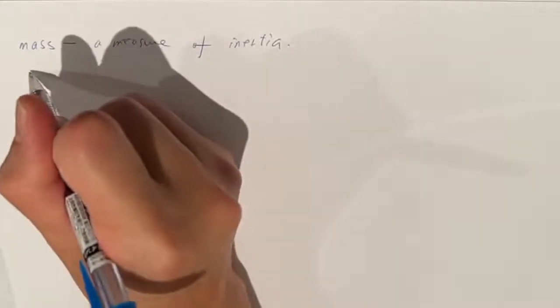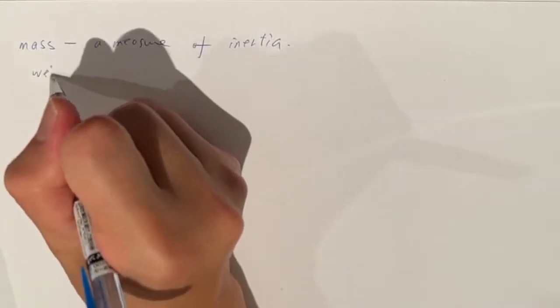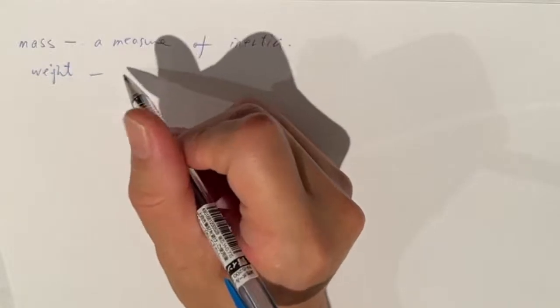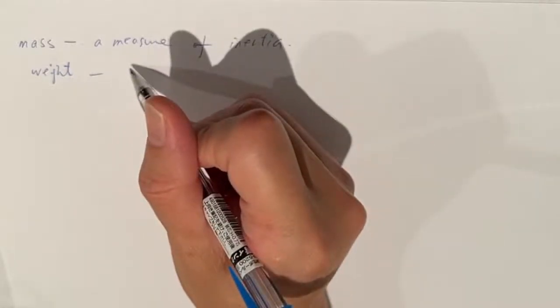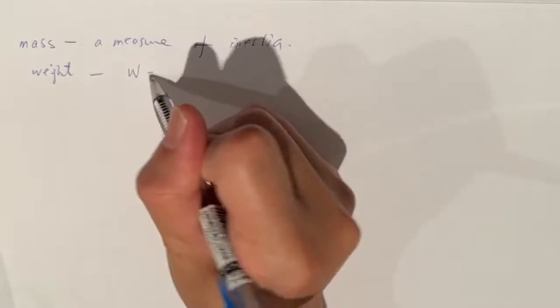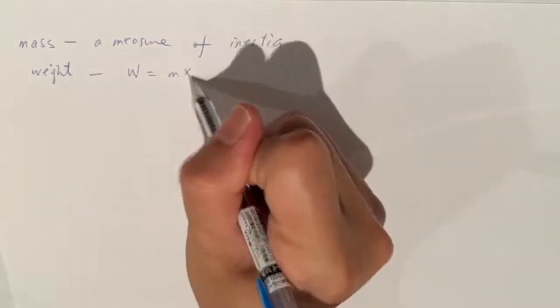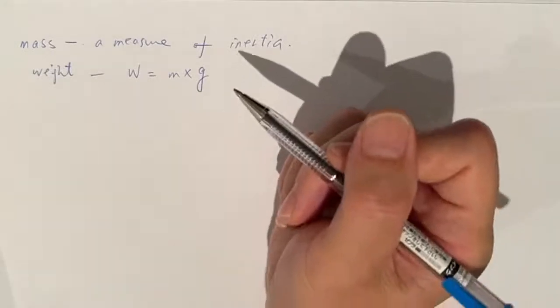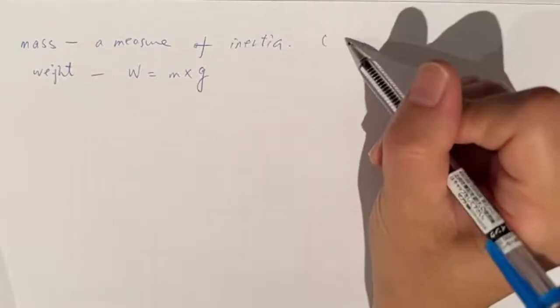How about the weight? Now, weight comes from the gravitational force of the Earth. So normally we write weight is equal to mass times g, right? As you can see, mass is a scalar.